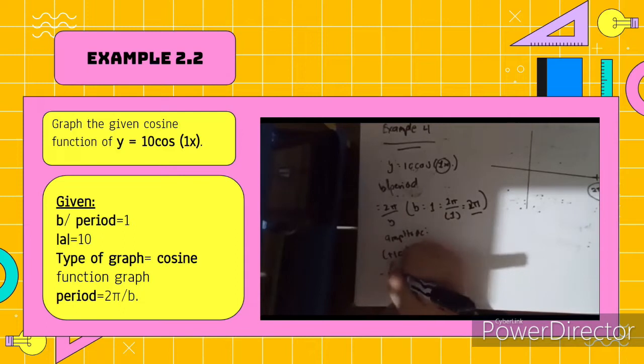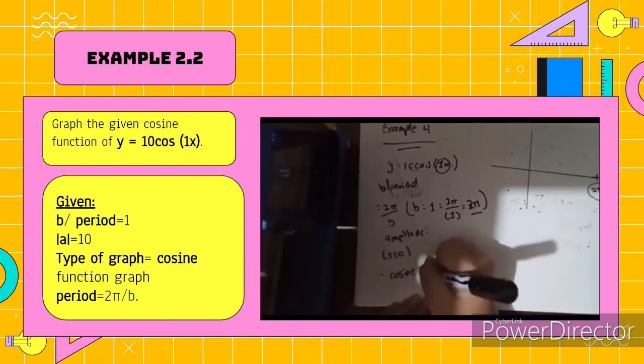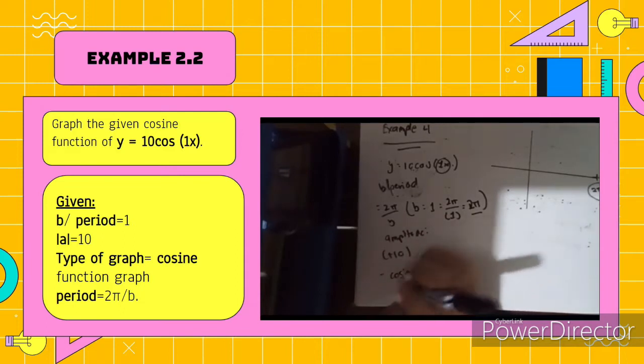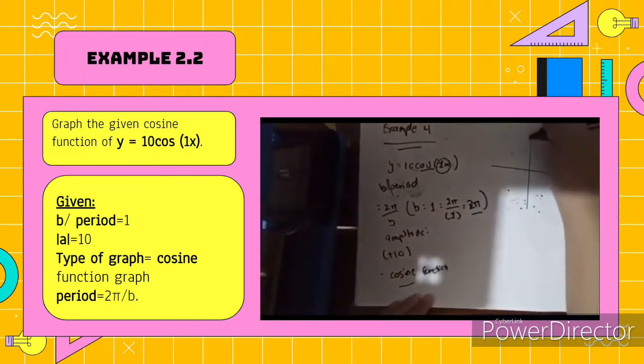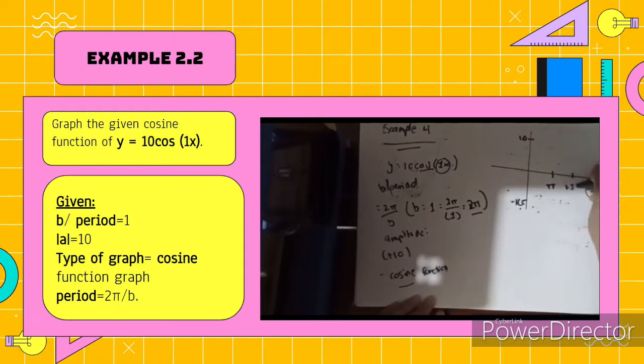Since the end of the cycle is 2 pi, half of 2 pi is pi, then halfway between pi and 2 pi is 1.5 pi or 3 pi over 2, and halfway between the origin and pi is 0.5 pi or pi over 2. As a result, the graph will look like this.